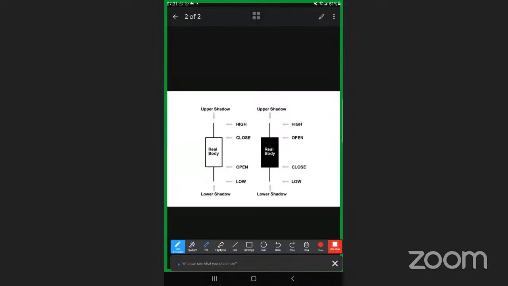This is the close. If the close is above the open, meaning the close is on top of the open. When you find a candle where the closing of the price is above the opening of the price, it simply means that candlestick is a bullish candlestick.